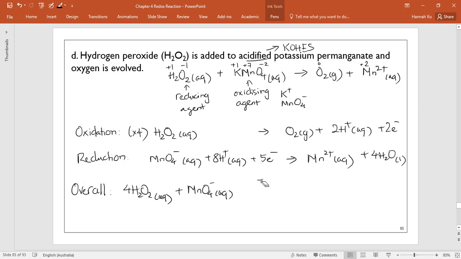I should have written everything that's not hydrogen because you do need to cancel some of them. So Mn2+ aq. I think the water is fine though. I think there's only water in the reduction half equations. So 4H2O liquid. You have 8 hydrogen on the product side, 8 on the reactant side. Oh wow, perfect. It cancels out.